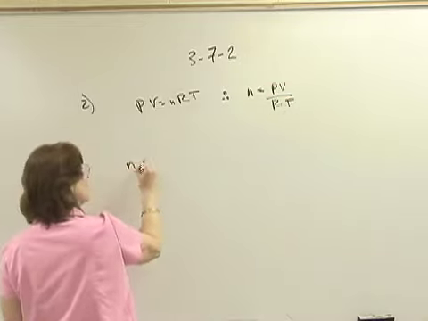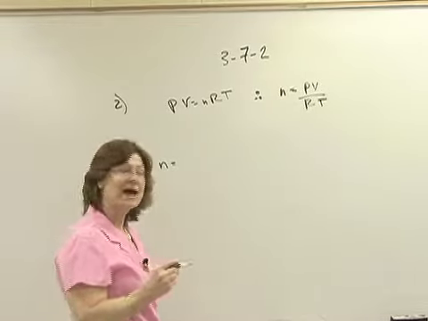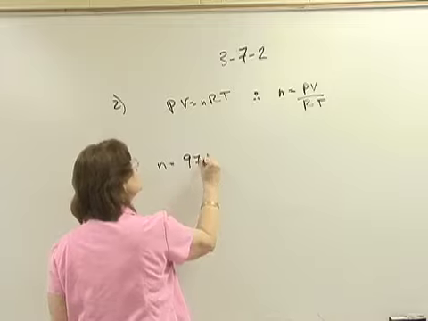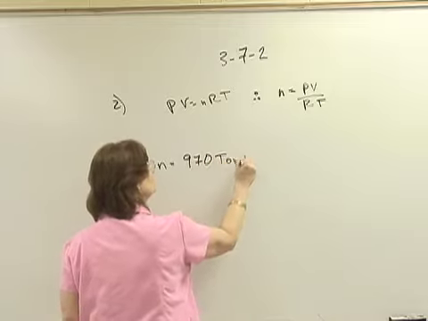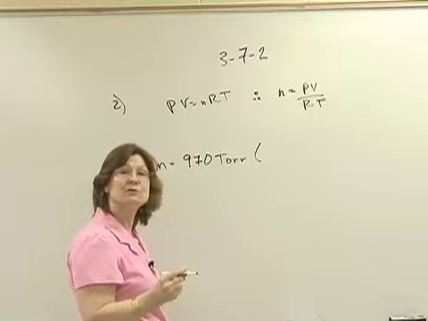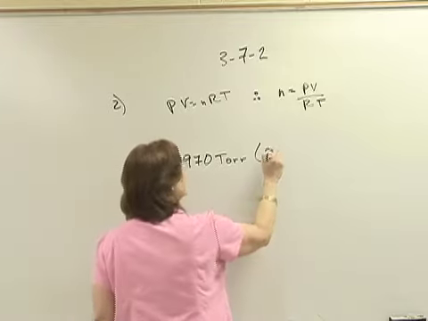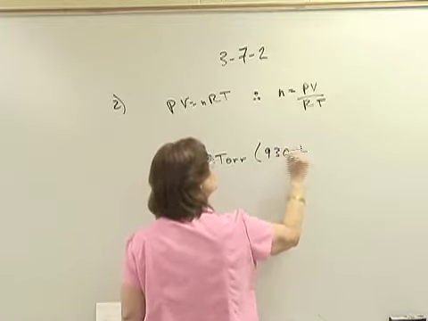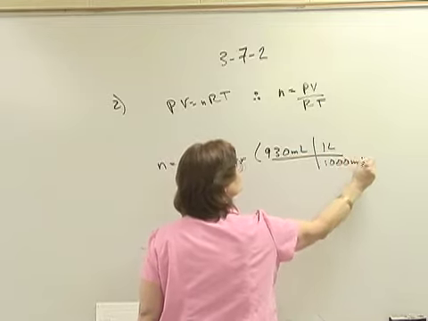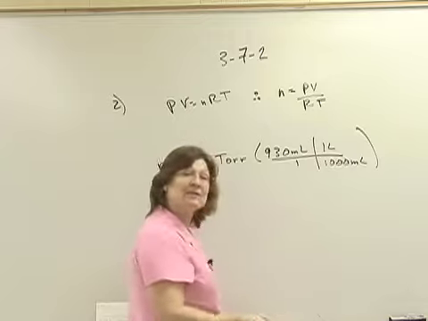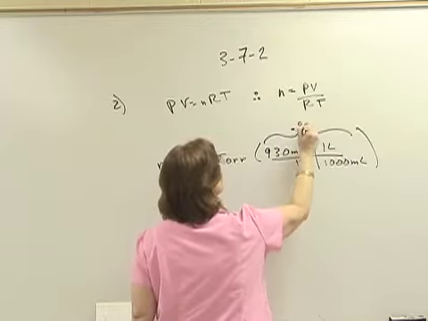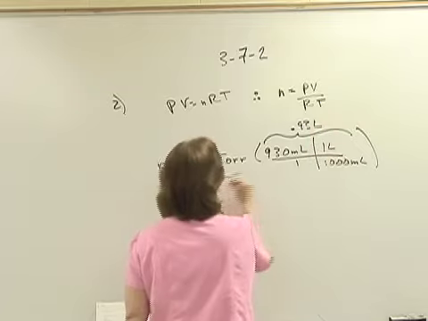And I'm now going to substitute in the values that I have. Well, I was given 970 torr. And the volume that I have is 930 milliliters. And 930 milliliters must be changed to liters because of my ideal gas constant. And when I do this math, I get 0.93 liters.